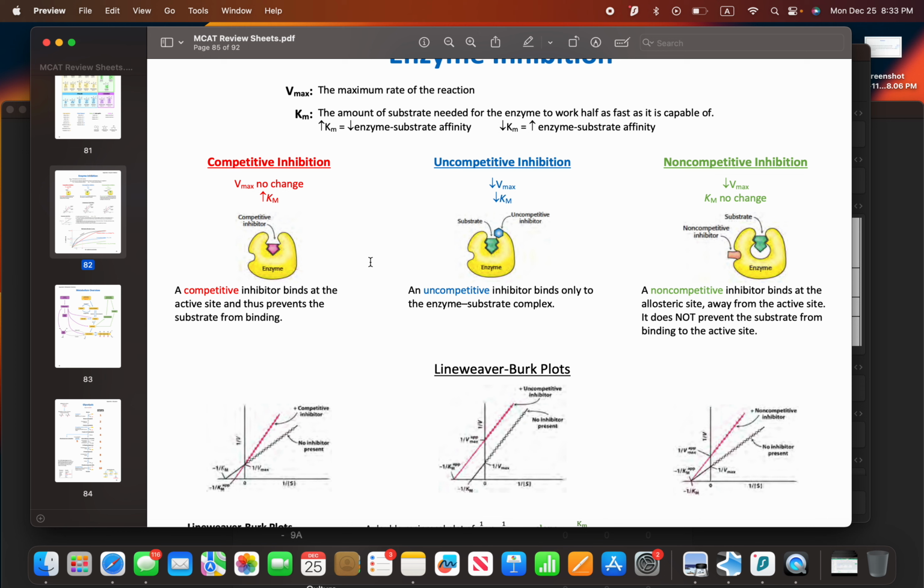So, but how does it not affect the Vmax?